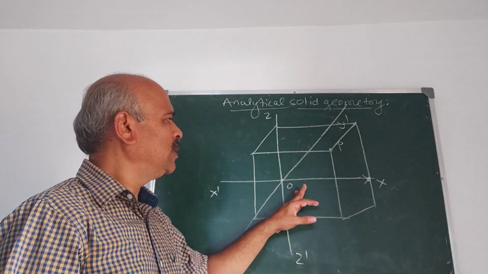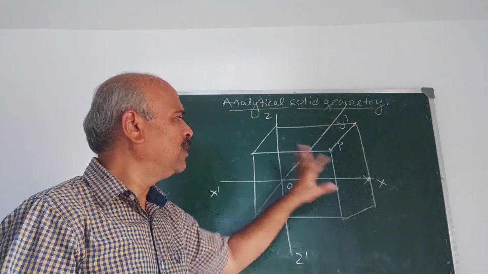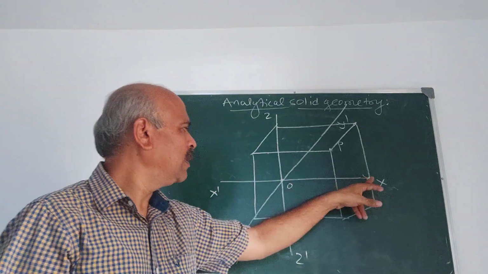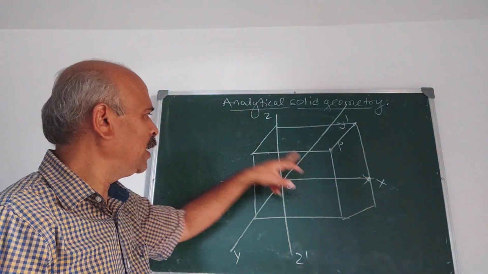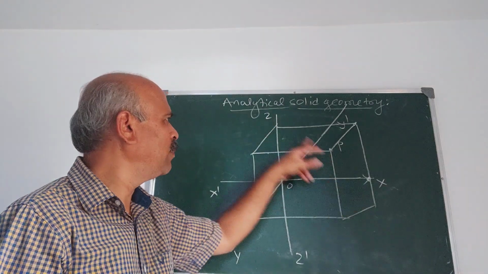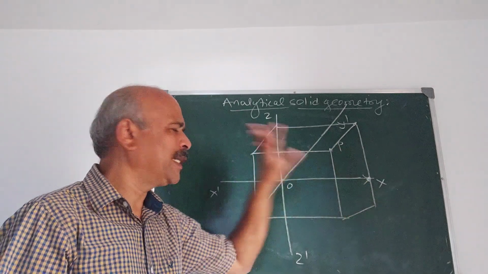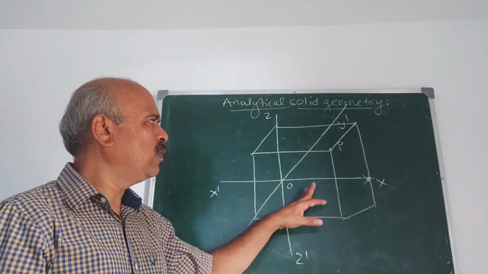Three planes which are perpendicular to the axes and parallel to the coordinate planes. XOZ is called the XZ plane, or ZOX is the XZ plane, ZOY is the ZY plane, YOX is the XY plane.